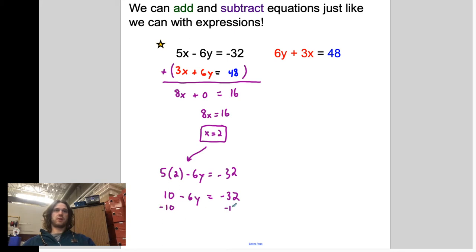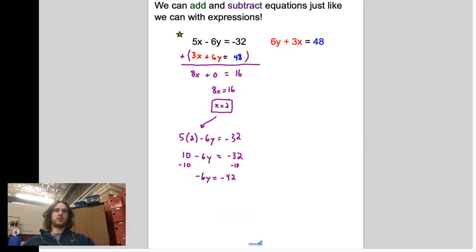We get negative 6y equals negative 42. Divide both sides by negative 6, so y equals 7. So where do our two lines cross? The two lines cross at 2, 7.